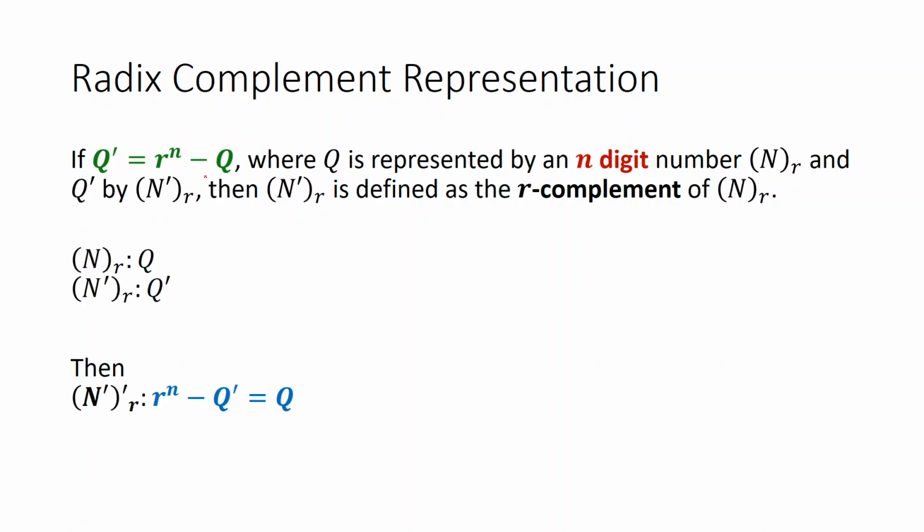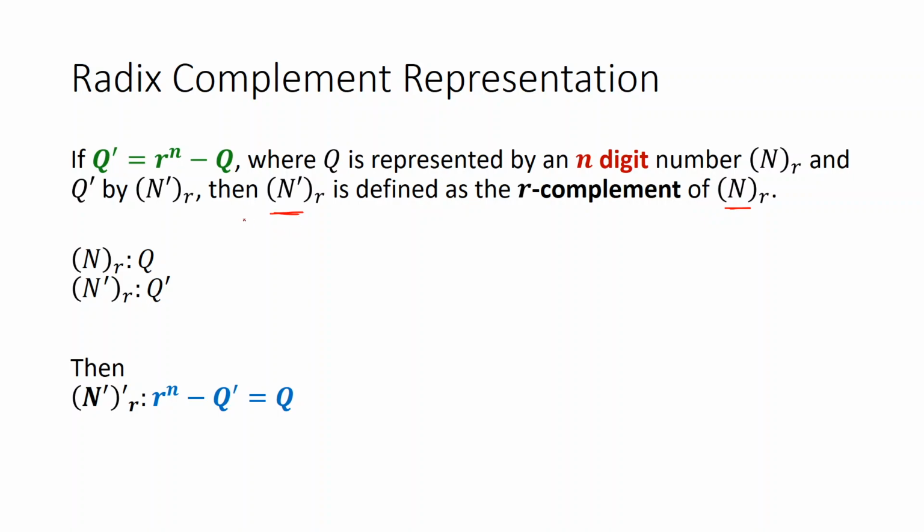Now going ahead, let us observe another thing, which is this: the r complement of n is n dash. That is true, and when we take the r complement of n dash, we get back n.